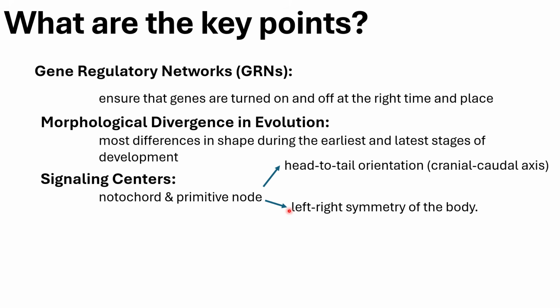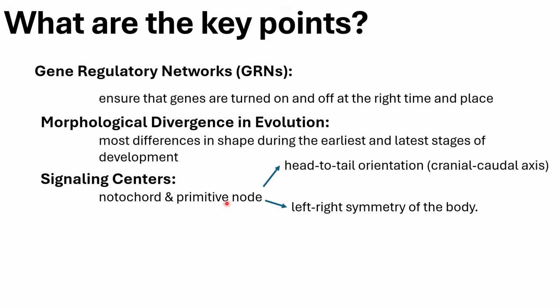And then in the case of the chick, if you're confused, in some references they call this primitive node your Hensen's node. So again, it's named after a person. That's why the first letter of the term is in capital. Okay? So anyway, both the notochord and the primitive node serve as signaling centers which tell all the other cells in the developing embryo where to go and what to eventually develop into.